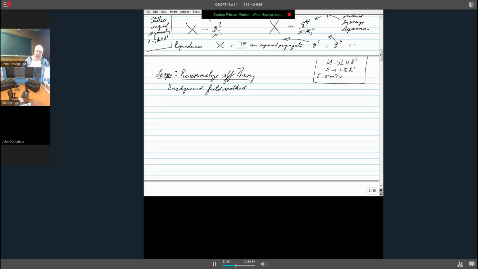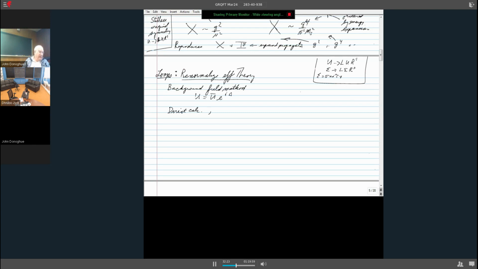Okay, loops. Well, one of the things we've done already is we've actually renormalized the effective theory already. That's because I used this theory as an example when we were doing the background field method.